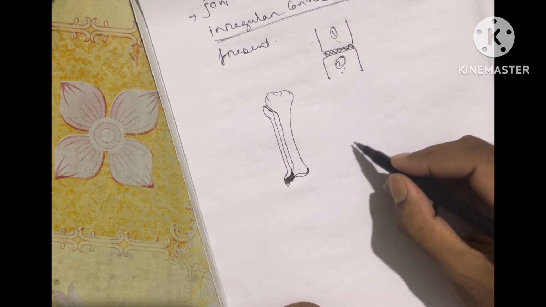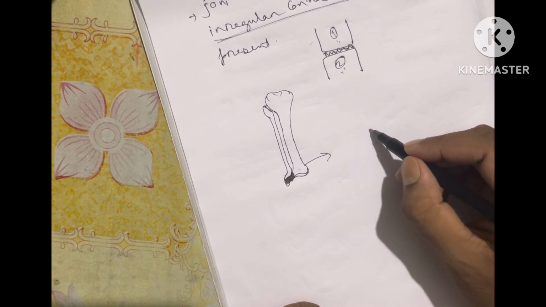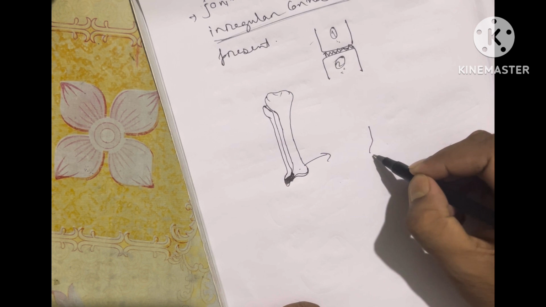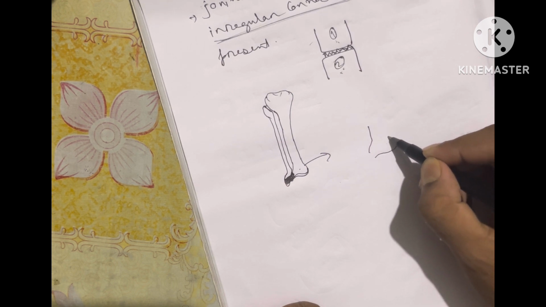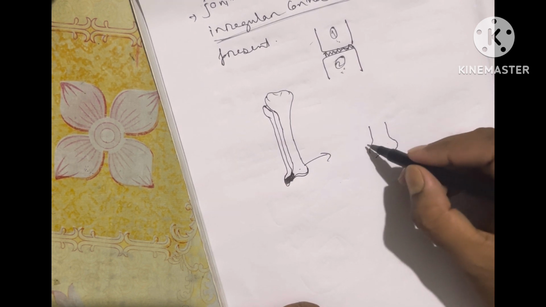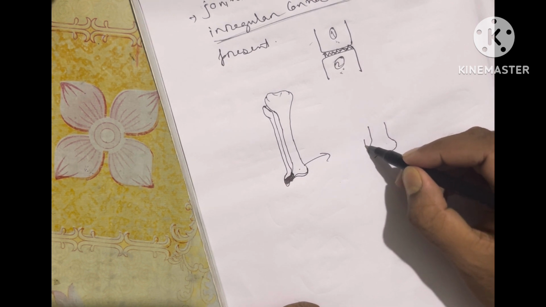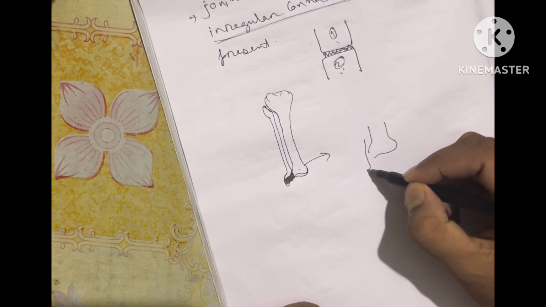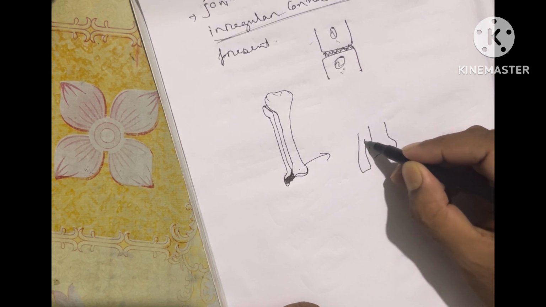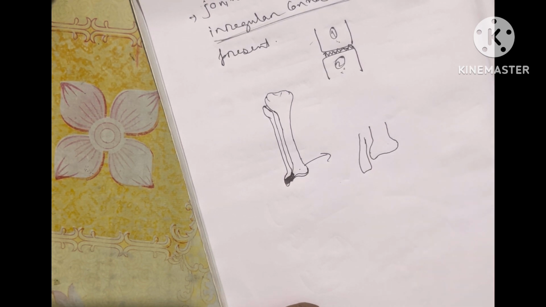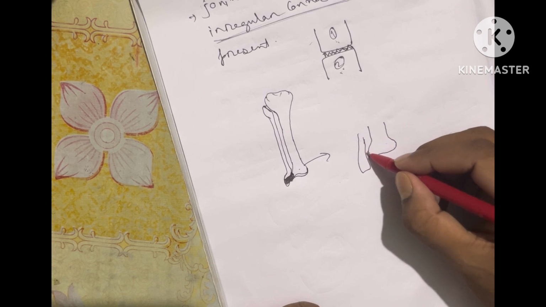If I draw that ligament in a more crystal clear way, we can find it like this. So these two bones are held together by a kind of ligament.